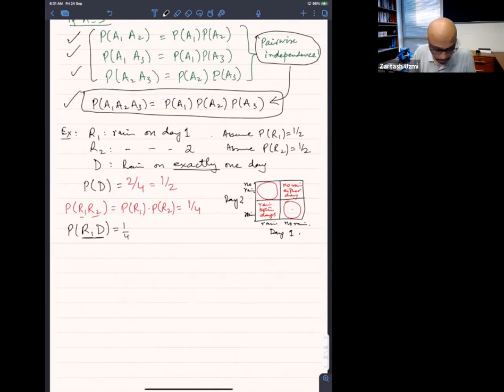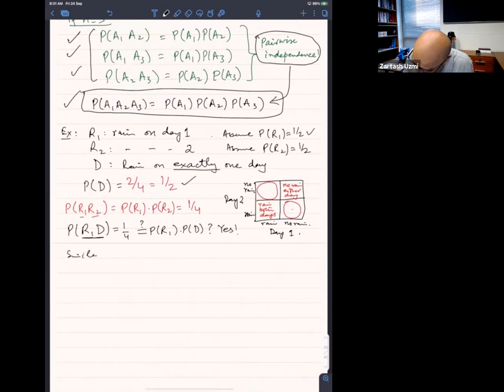1 out of 4. Is this equal to probability of R1, probability of D? Yes or no? Answers in the chat window. Yes. So probability of R1 into probability of D, probability of R1 1 over 2, probability of D हमने निकाली 1 over 2, so 1 over 4. So that means this is a yes, which means कि R1 and D are independent.